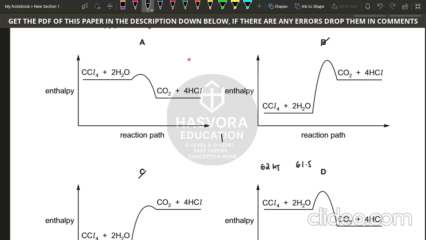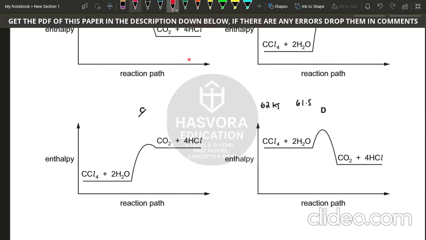For example, if the activation energy is rising this much, the enthalpy change should also be of the same magnitude or close to that. Okay, so A makes no sense, so this means that D will be the answer. Because you can see that the hump for the activation energy is the same as this delta H change. Okay, so D will be your answer.